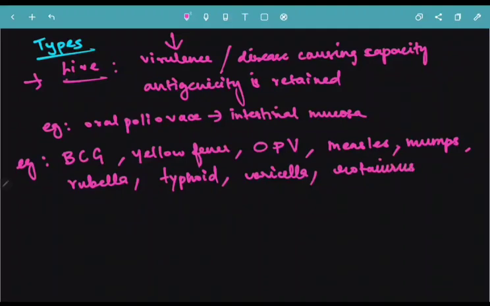So these are some examples of live attenuated vaccines.